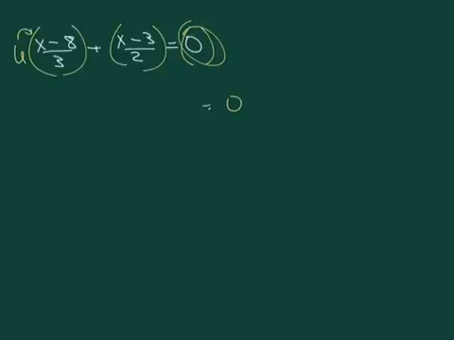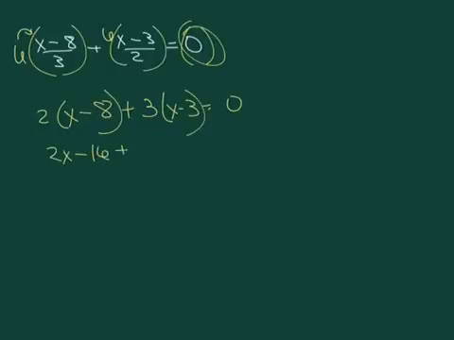And this times this would be 2 times x minus 8, because 6 over 3 is 2. And this will be 6 over 2, which is 3, times x minus 3. And then we get 2x minus 16 plus 3x minus 9 equals 0. And then you just solve it from there. Okay, so not really too terribly difficult.